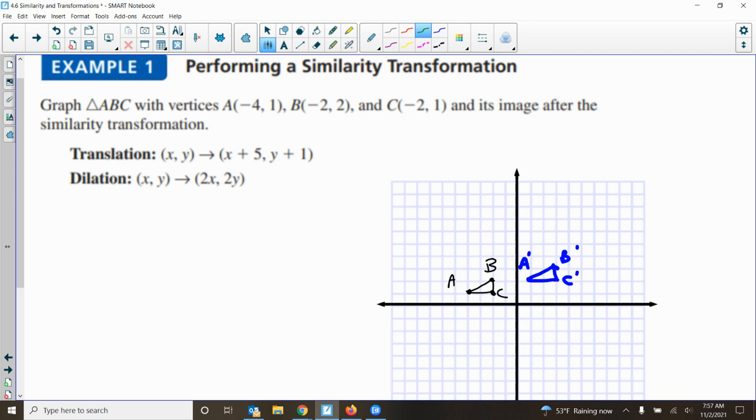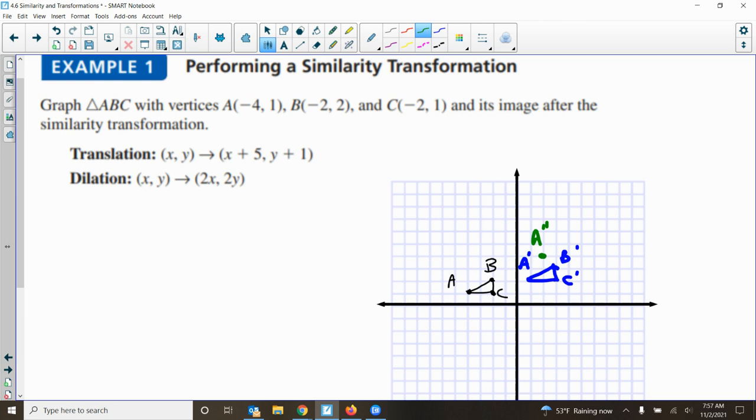All right. So let's see here. A prime, 1, 2, will go to 2, 4. Right. 2, 4. Call that A double prime. And B prime is 3, 3.